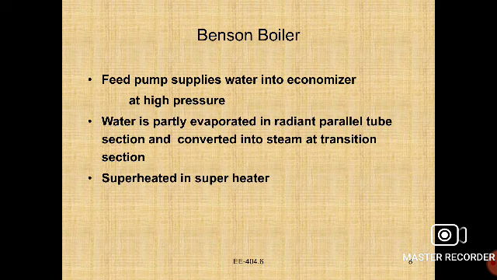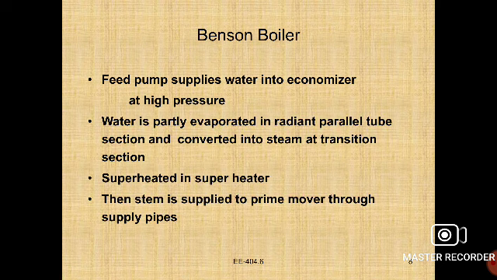In the Benson boiler, a feed pump supplies water to the economizer at high pressure. The water is partly evaporated in the radiant parallel tube section and converted into steam in the transition section.